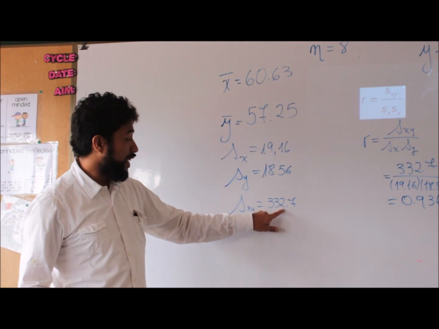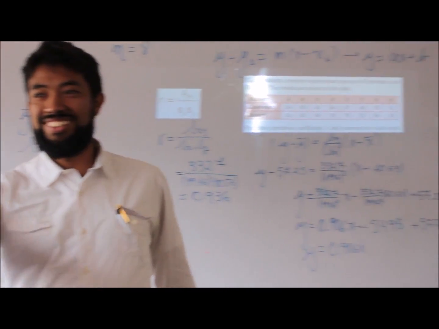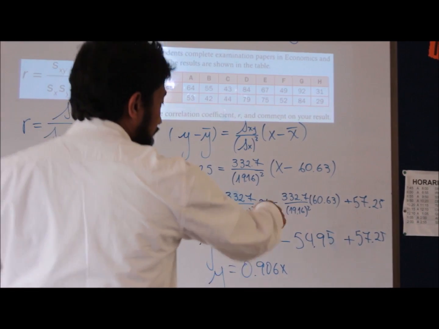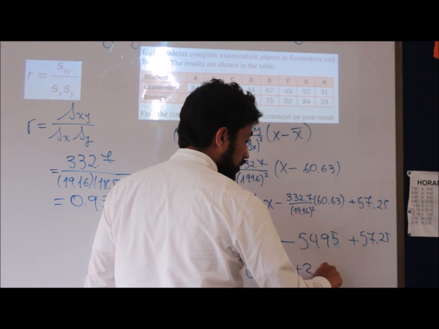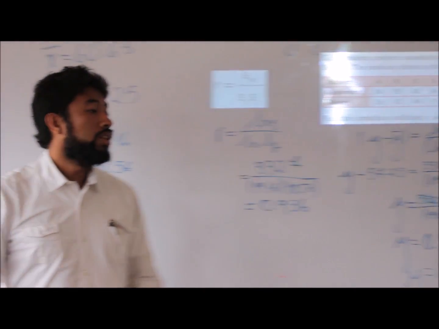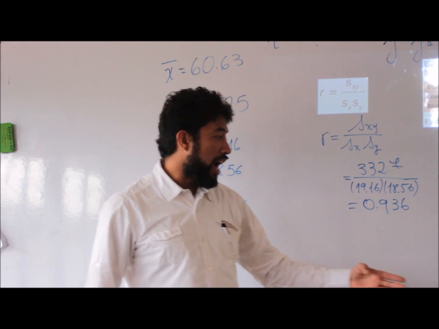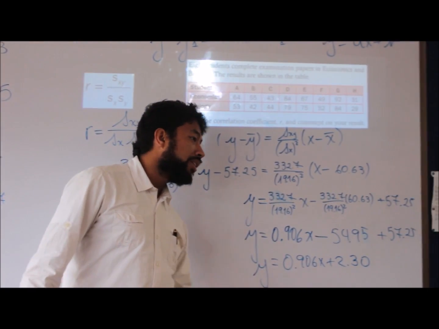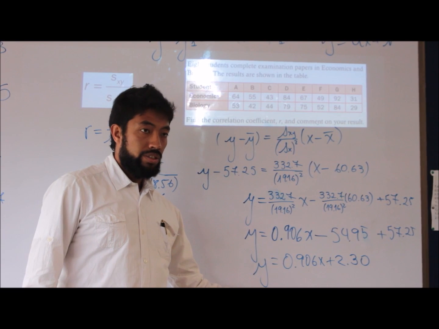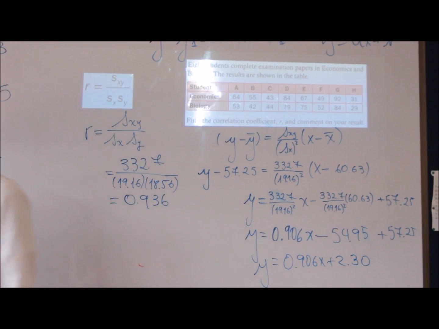It's 332.7. You forgot this point. So how much is it? 230. Now, compared to calculator values in statistics menu, are these the values of A and B? They are. Thank you so much.